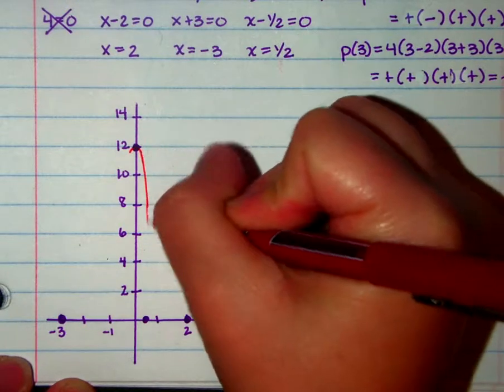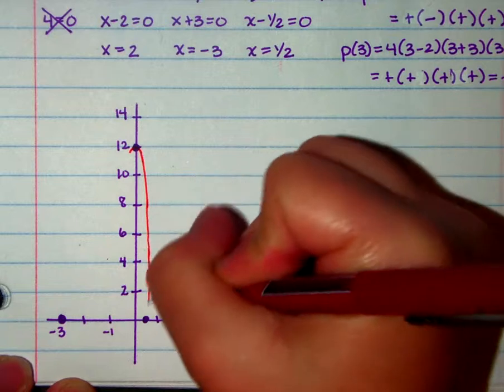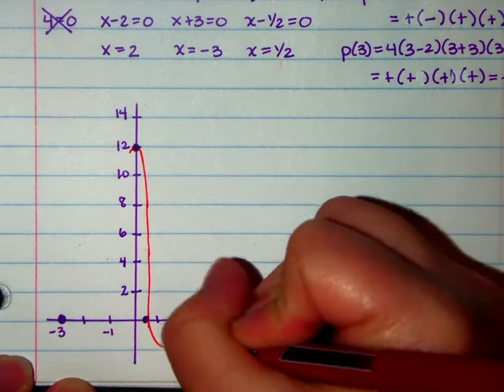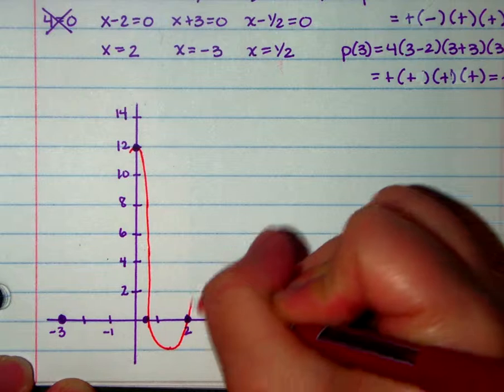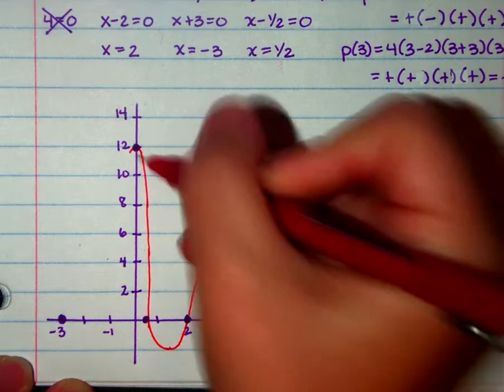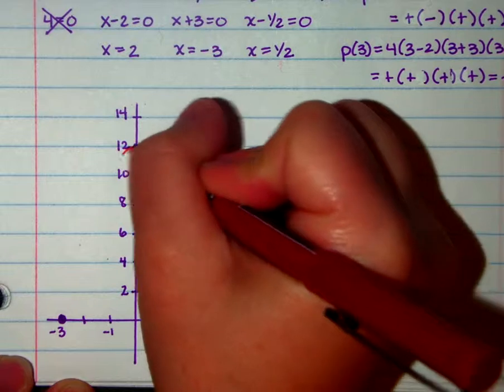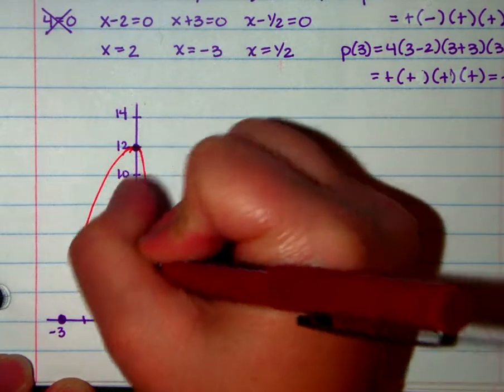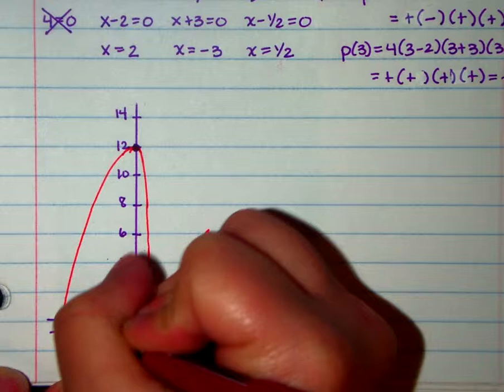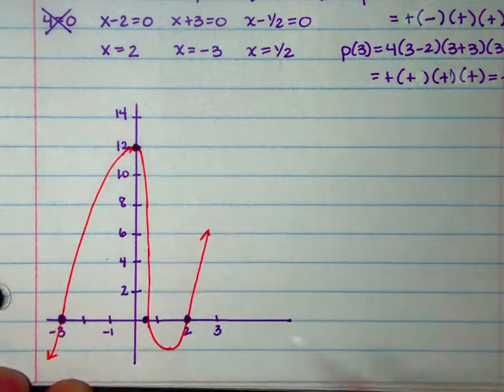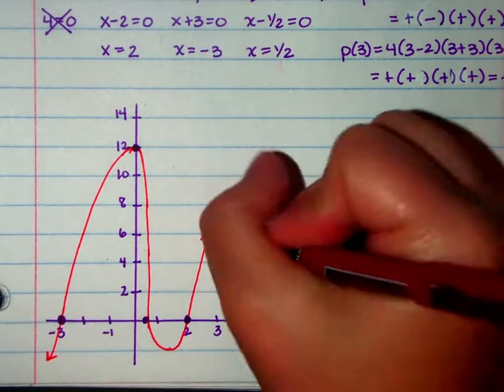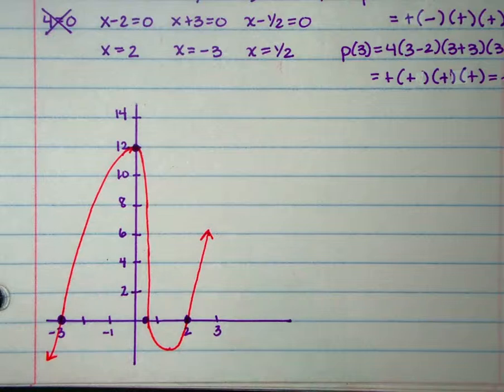And so this is going to be a little bit of the tough part, because I don't know exactly how low this graph is going to go. But I do need it to go through those zeros and also through that y-intercept.